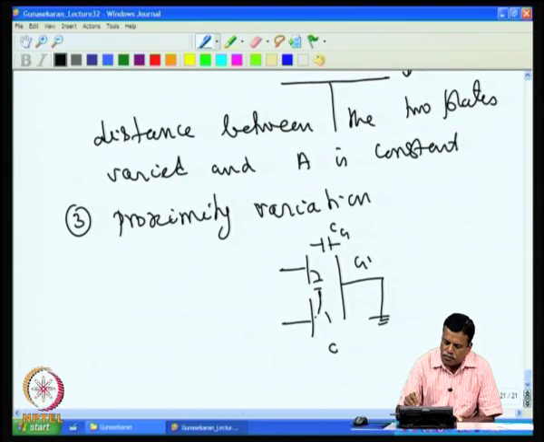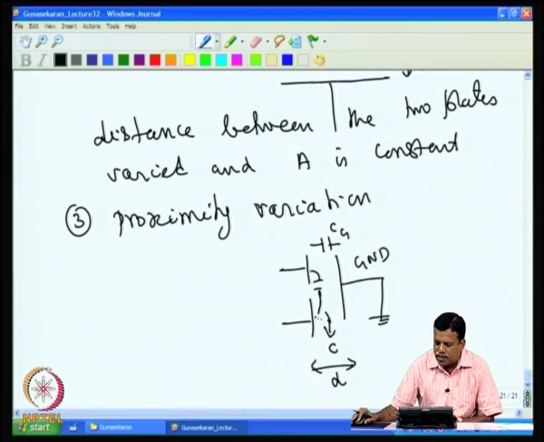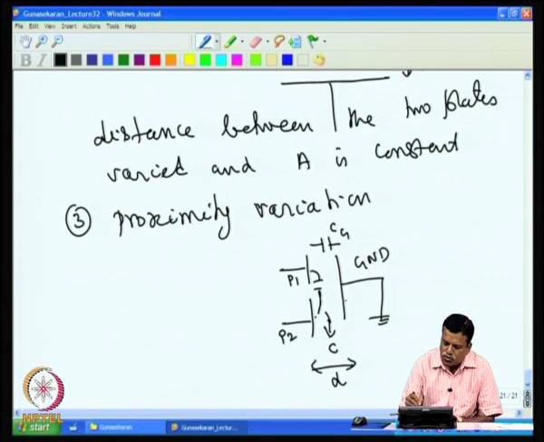When the distance between the ground plate and the active plates P1 and P2 varies, for example, I can move the ground electrode.